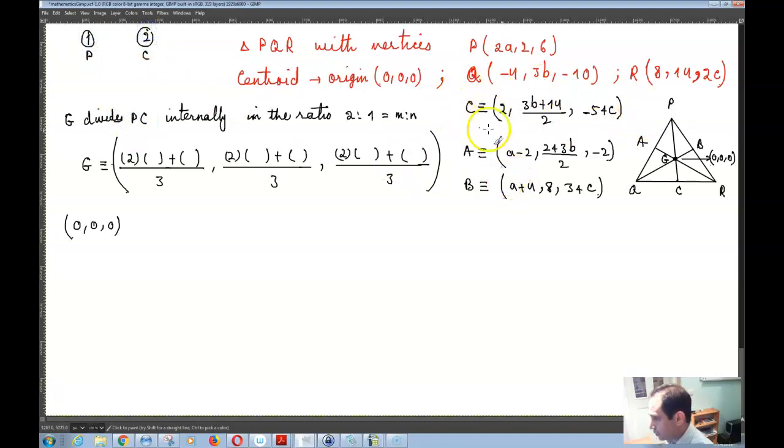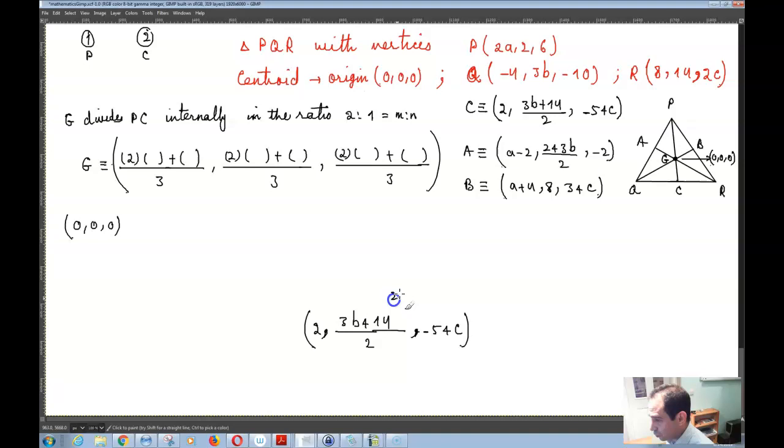The coordinates of C are 2, (3b plus 14) divided by 2, and negative 5 plus c.